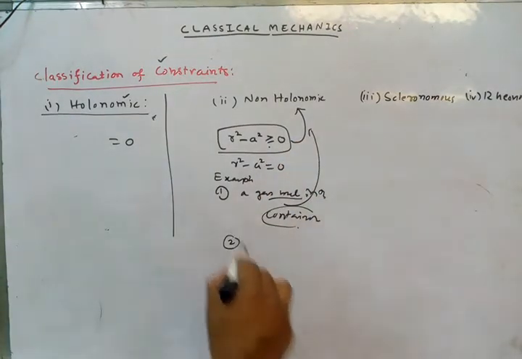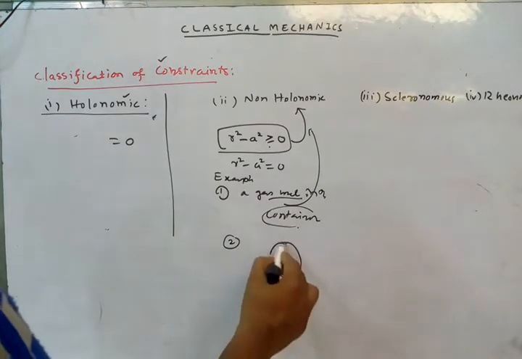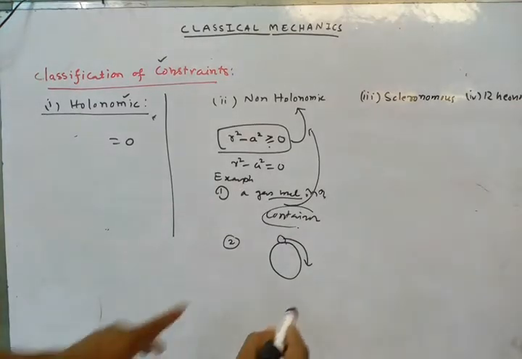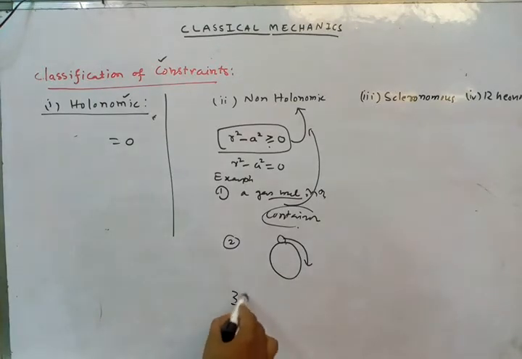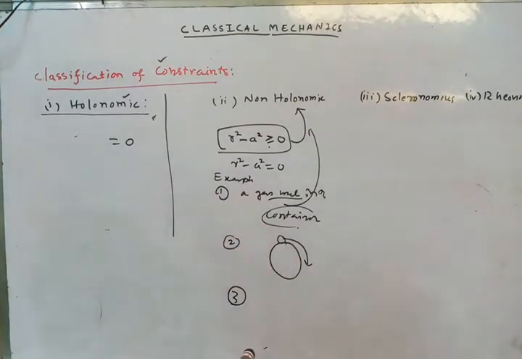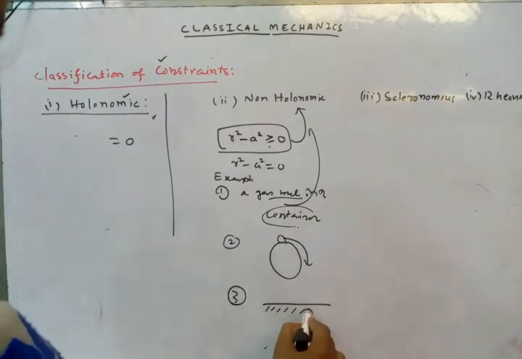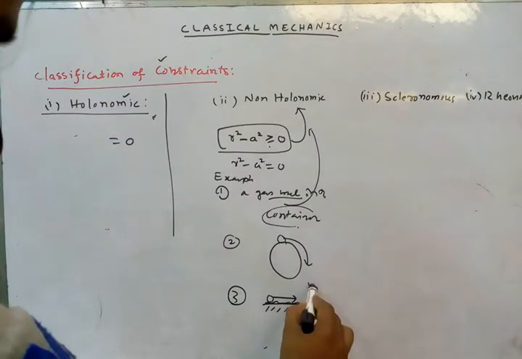Second example, motion of a particle on a solid sphere, this also comes under non-holonomic constraints. Third example, an object rolling on a rough surface without slipping.